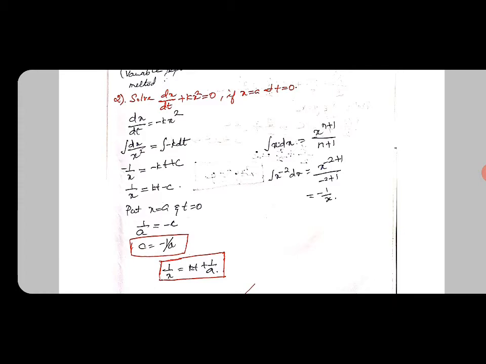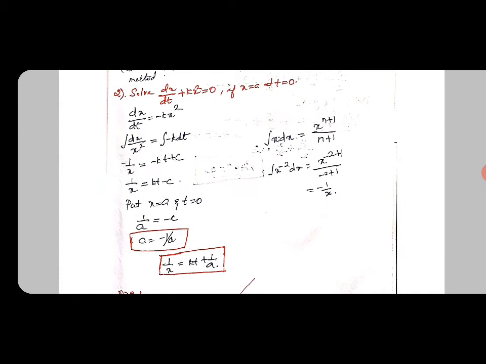So the given equation is integral of x power minus 2 dx, which is x power minus 2 plus 1 by minus 2 plus 1, which is minus 1 by x. So the solution will be 1 by x is equal to kt plus 1 by a. Since the c value is minus 1 by a, so kt plus 1 by a.